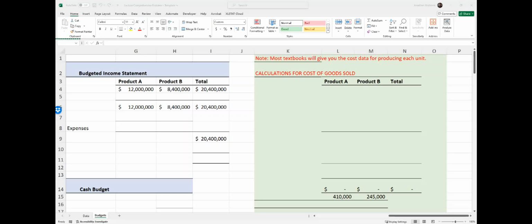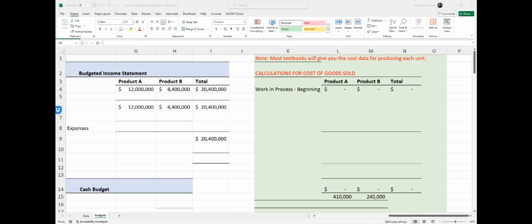So we'll start with the work in process. We'll say what was our work in process at the beginning. In our example here, we don't have any work in process, so that's nothing.